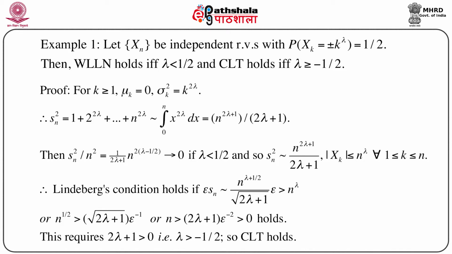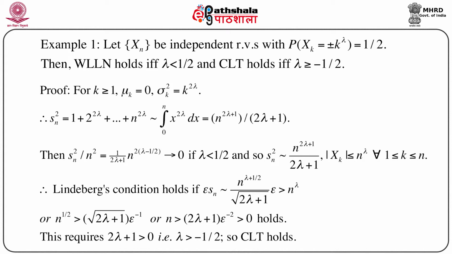So, let us calculate Sn square. Now, Sn square equals 1 plus 2 to the power 2 lambda plus 3 to the power 2 lambda and so on up to n to the power 2 lambda, which we can approximate for large n as the integral from 0 to n of x to the power 2 lambda dx, which equals n to the power 2 lambda plus 1 by 2 lambda plus 1.